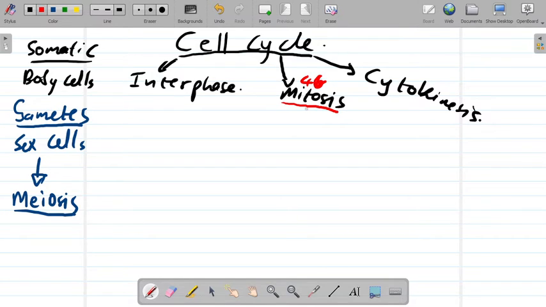By the end of mitosis we'll have two cells that still have 46 chromosomes, but by the end of meiosis we'll have four cells that each have half the number of the original chromosomes in body cells. So basically it will be 23 chromosomes in each cell at the end of meiosis. So meiosis, you continue with it and you'll do it in detail in grade 12. What we're focusing on now is mitosis and the whole cell cycle.